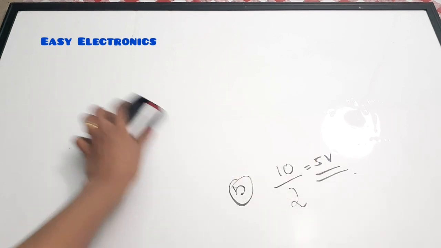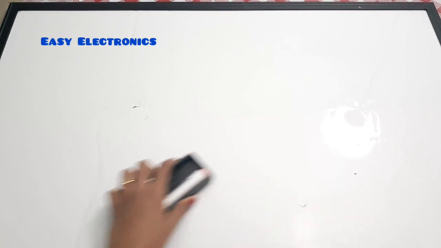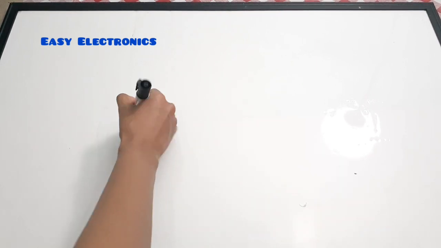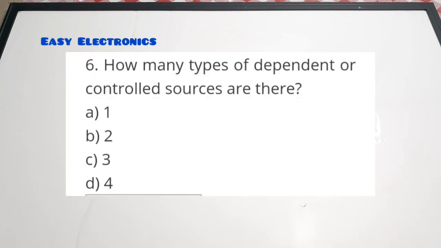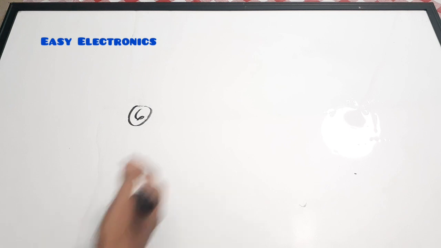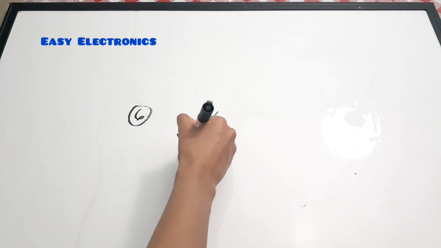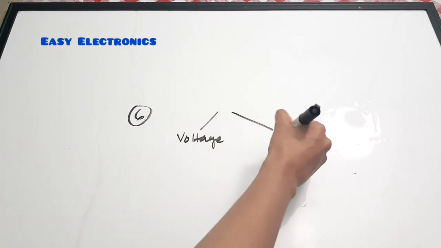Now, moving on to the sixth question. How many types of dependent or controlled sources are there? So the question is here regarding the type of sources. You can classify the sources as a broad classification: voltage and current source, right?